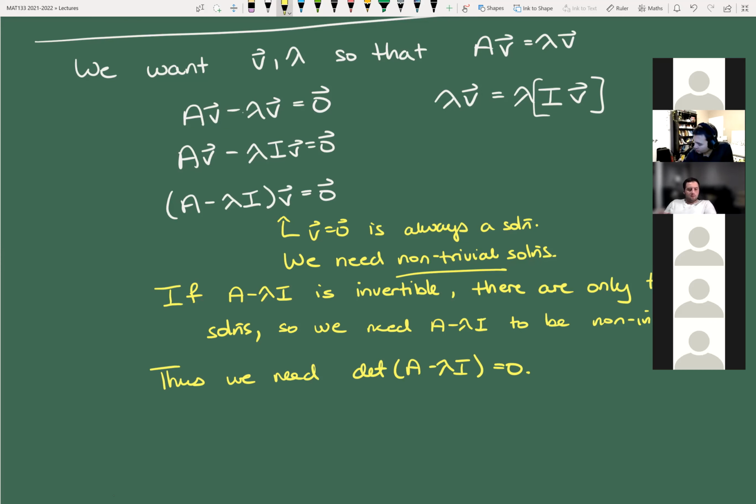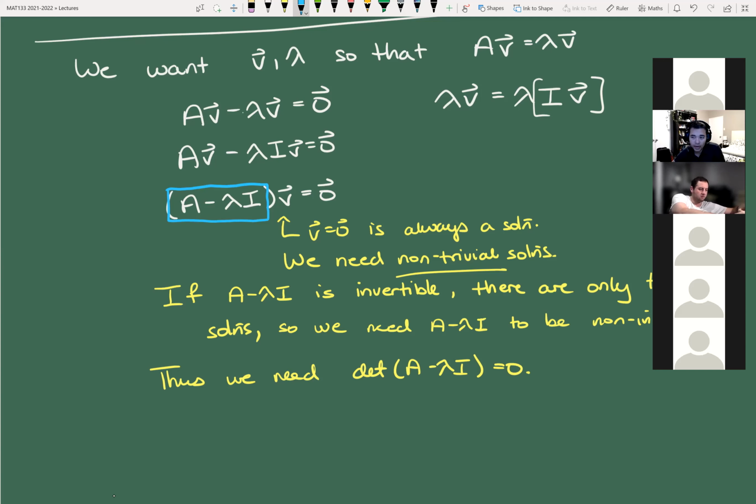It's because if I asked you just to find the values of lambda which make this matrix not invertible, that's a really hard problem, okay? And you can try it, right? Write down an arbitrary matrix and see if you can find, just using that equation, the values of lambda which make this invertible. It's very, very hard.